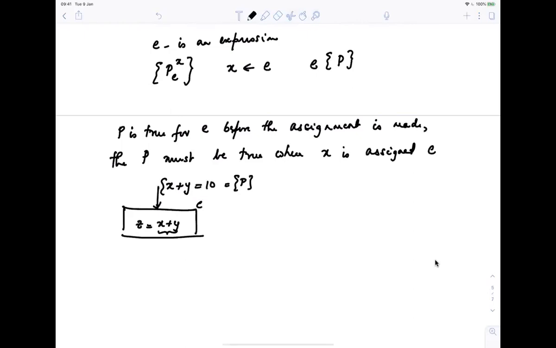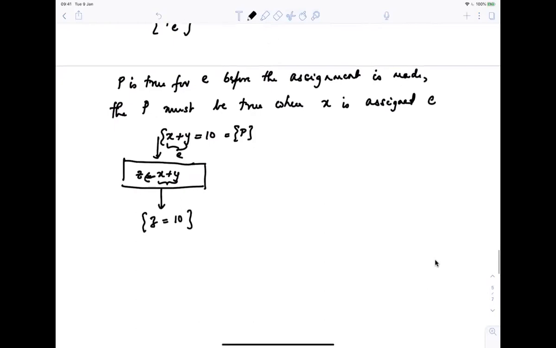So what does it say here? It says that the expression evaluates to 10. That is the assertion. We can assert that the value of the expression is equal to 10 before the execution of this statement. Now we're assigning to z the value of x plus y. Then we can assert here z equal to 10, which is essentially saying the truth value of the expression is nothing but 10.